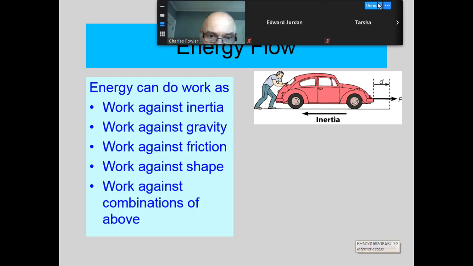I bet you most of you have had to push off a car before, haven't you? Some point or another. And hopefully it was a Volkswagen or something small like that, but it could have been bigger. That's, you were doing work against inertia. The car was at rest. It wanted to stay at rest. You had to be the unbalanced force to get it not to rest anymore. And it didn't have to be as big as a car. It could have been a wheelbarrow. It could have been anything like that. That's work against inertia.